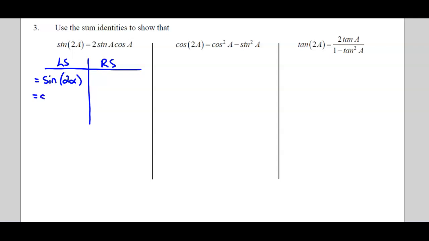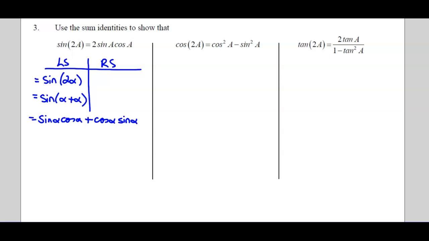So we're going to show it as the sum of alpha plus alpha, which from our previous identities is sine alpha cos alpha, plus cos alpha sine alpha.